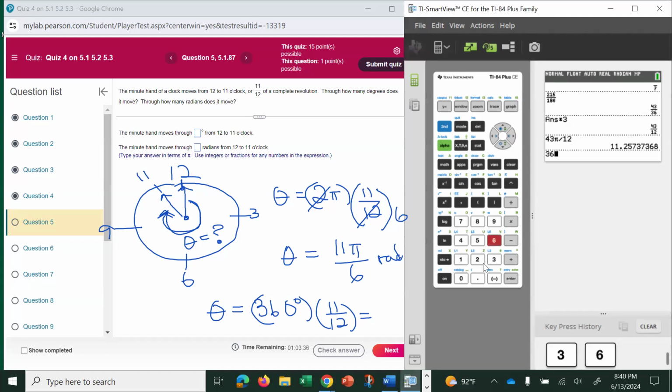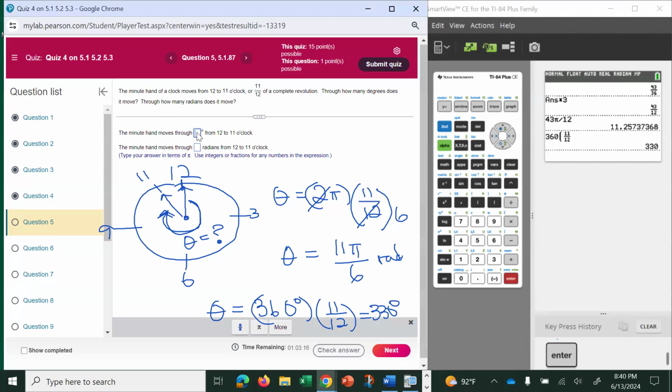So if we do 360 times 11 over 12, we get 330 degrees. Okay, so I'm going to write 330 degrees, and here I'm going to put 11 pi over 6.